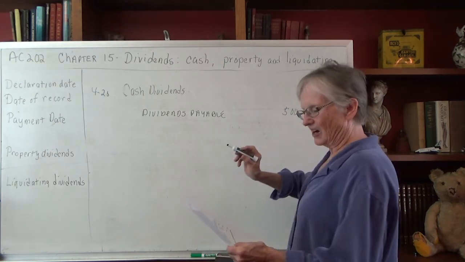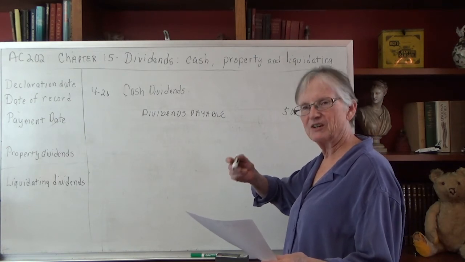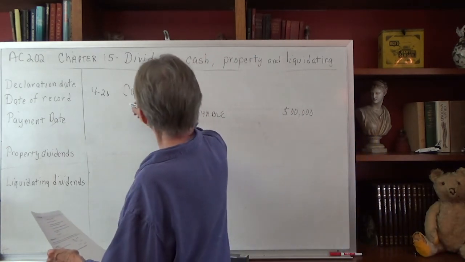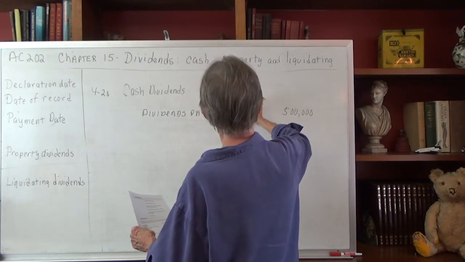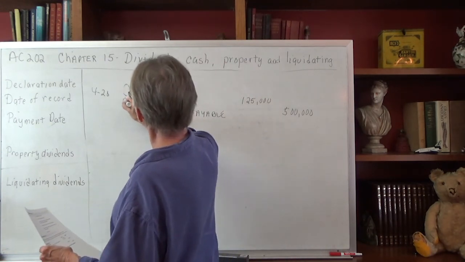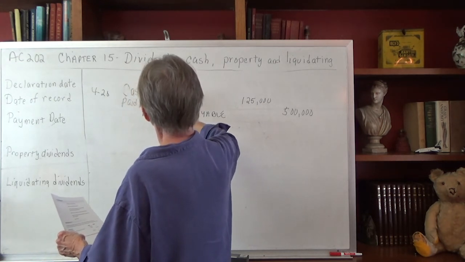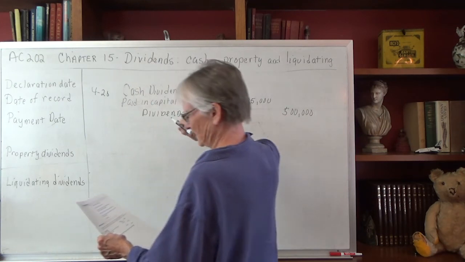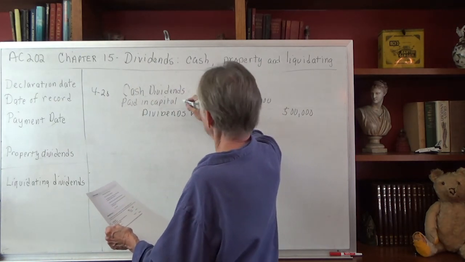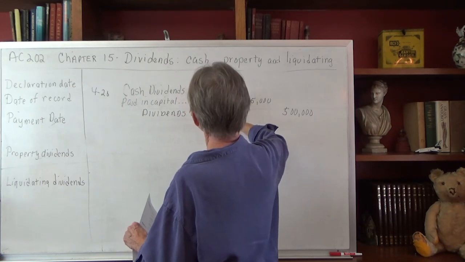Okay? Of that, $125,000 is a return of capital. So that means that $125,000 we're not going to call dividends. That's going to be coming out of paid-in capital in excess of par on our common stock.